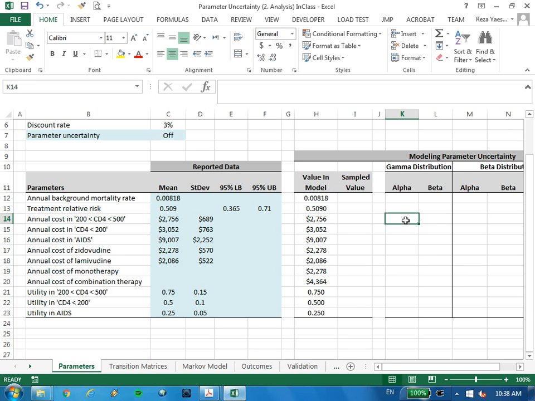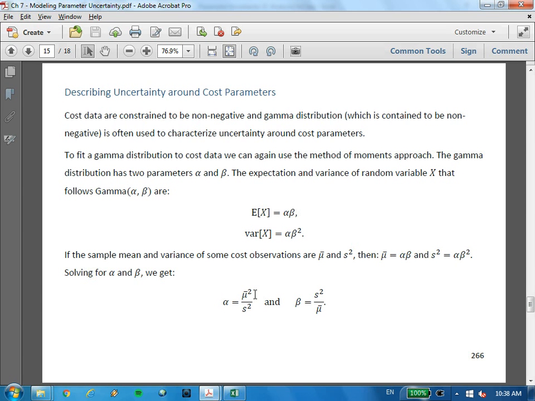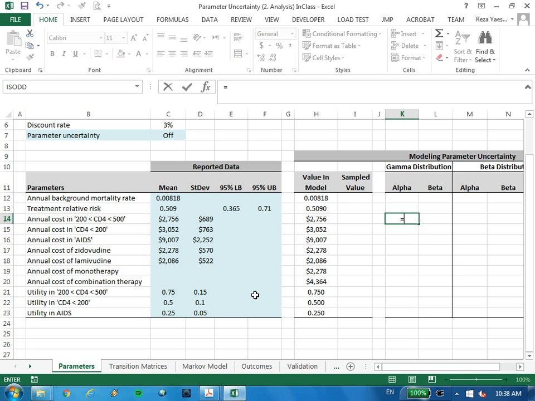So we mentioned that alpha is mean squared divided by the variance, which is the standard deviation squared, right? So that gives me the alpha.